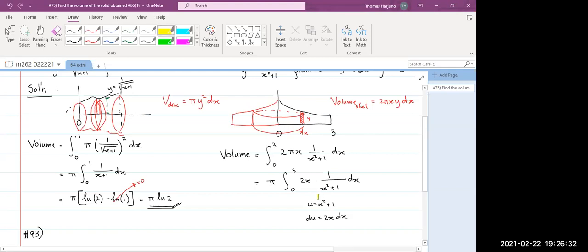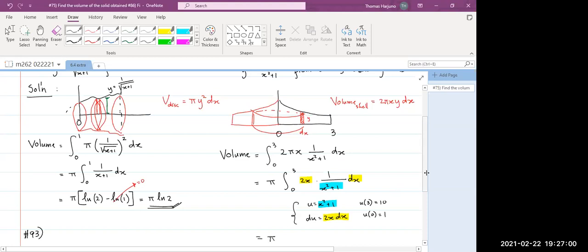Now what about the limits? When x equals 3, then u is 10. When x equals 0, then u is 1. That's what happened to the limits of integration.